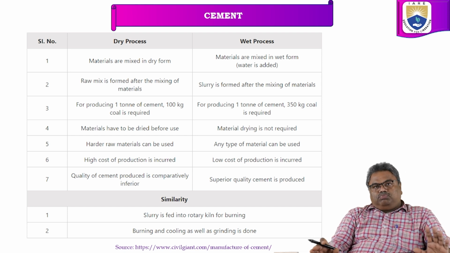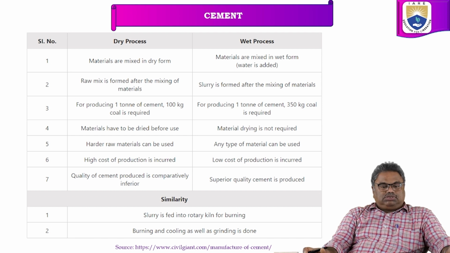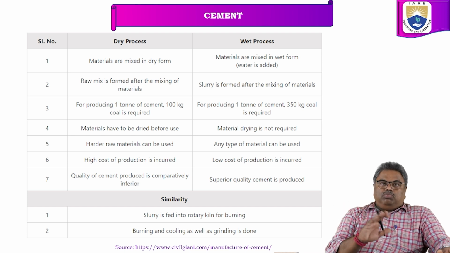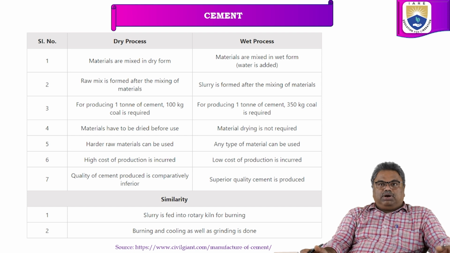The similarities of both the dry process and the wet process: in both processes, the slurry is fed into the rotary kiln for burning, so we have to make the clinkers, right?